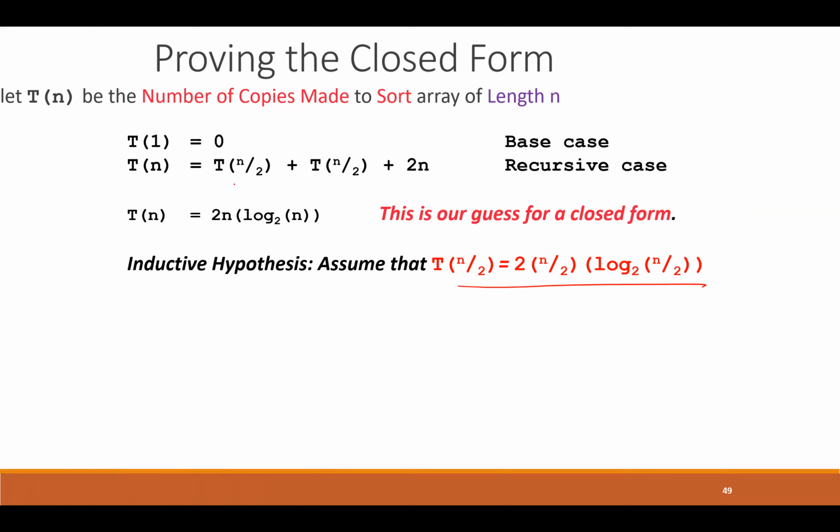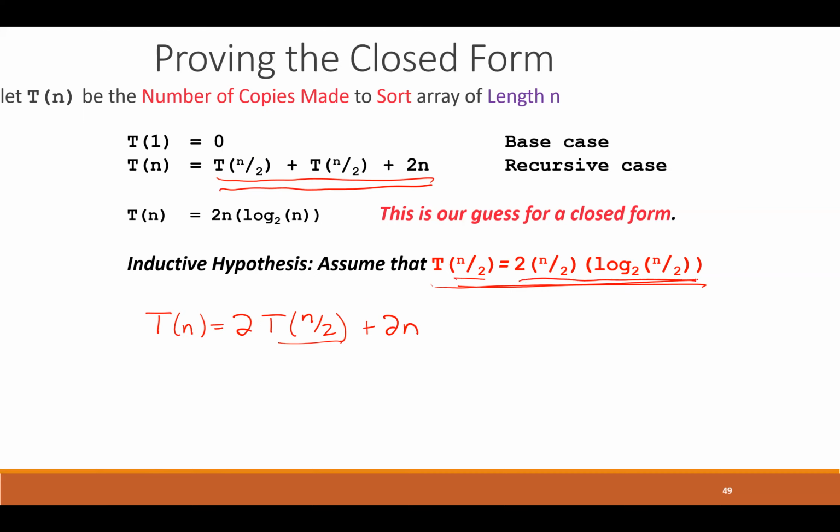We're going to plug these values into our recursive form and then do some algebra that looks a lot worse than it is. I have t of n equals 2 times t of n over 2 plus 2n. I simply gathered like terms from here. Now I have this, and I'm going to plug in my inductive hypothesis.